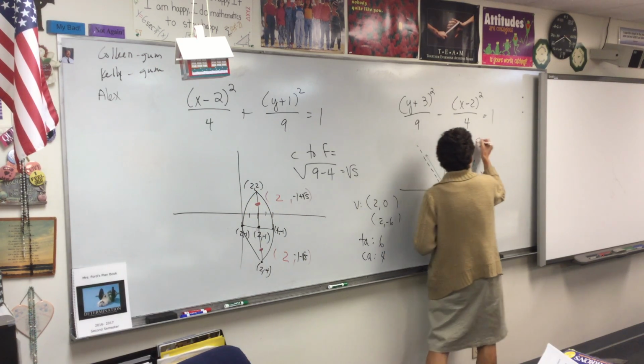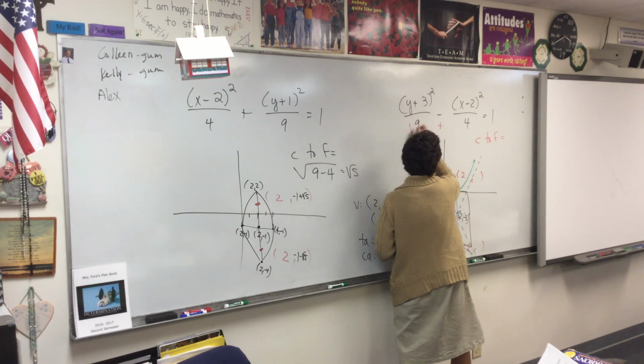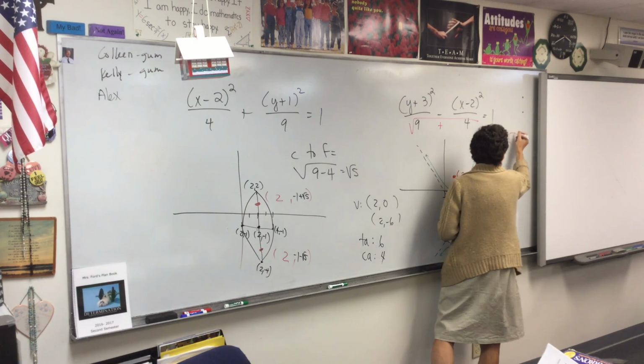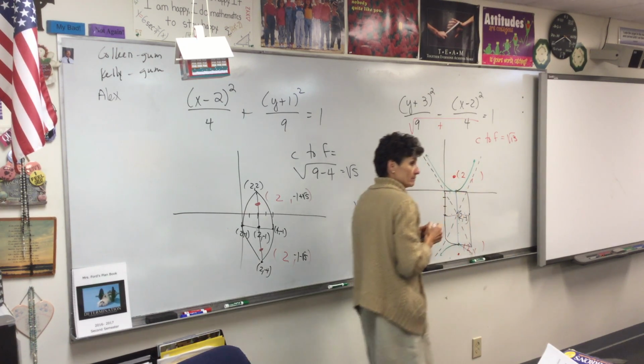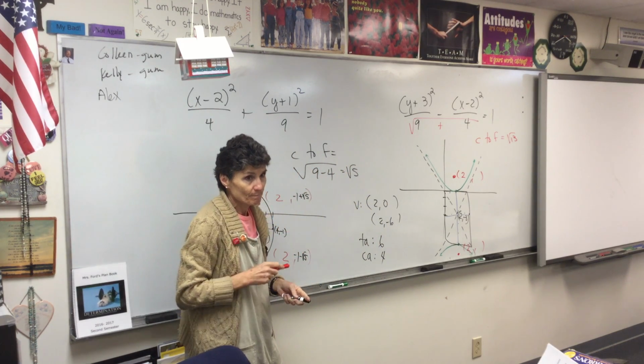The center to the focus in a hyperbola, you add them. So it'd be the square root of 13. Remember, in an ellipse, you subtract them.